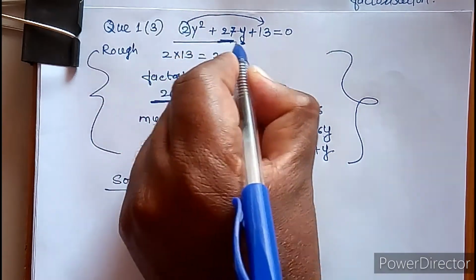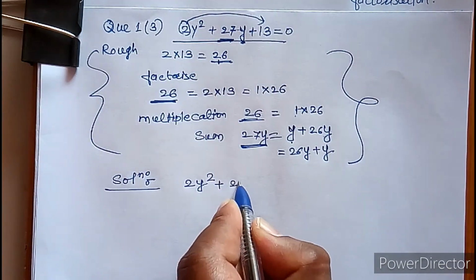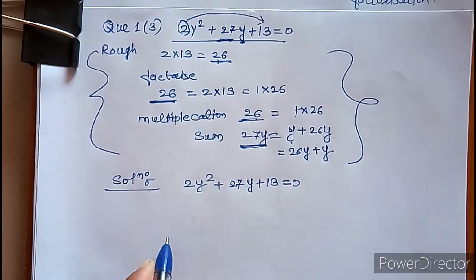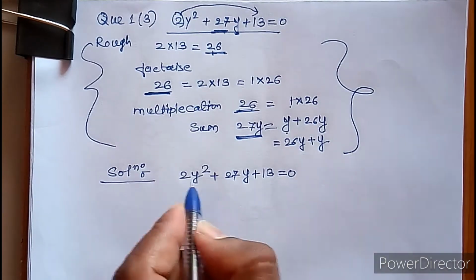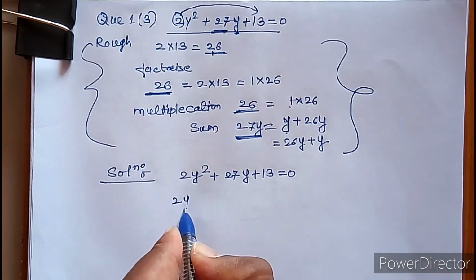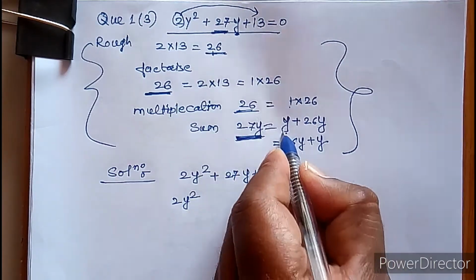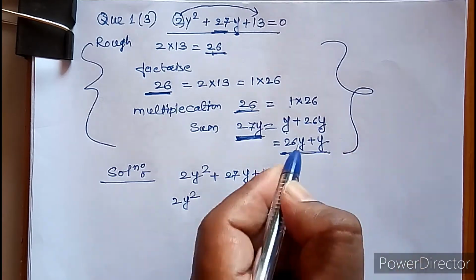Now write down the quadratic equation as it is, that is 2y square plus 27y plus 13 equals 0. This is the given quadratic equation. We have to factorize this quadratic equation. Here 2y square is written as it is. Now 27y can be written as y plus 26y, or it can be written as 26y plus y.